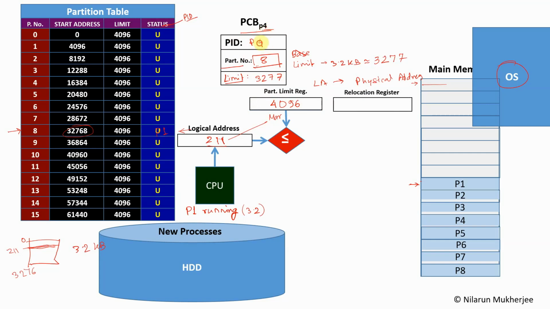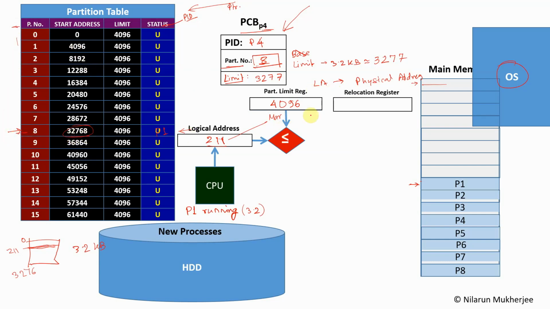From the PID I can directly go to the PCB of process 4, where I find the partition number, and the OS has a pointer to this table.